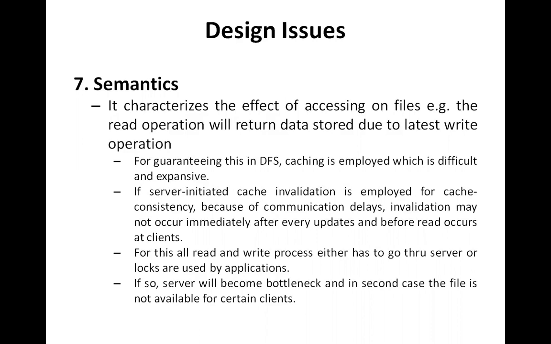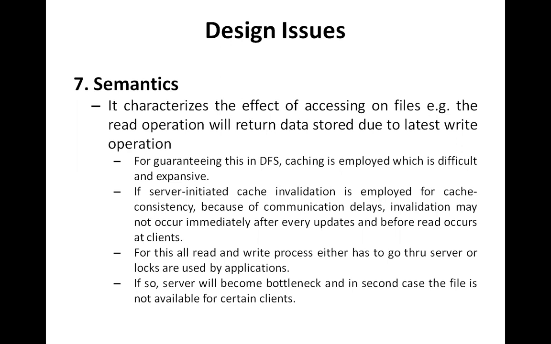Now, in the first approach, in which all the reads and writes of the clients have to go through the server, the server can potentially become a bottleneck, and the overhead will also be high because there will be high traffic between the server and the client.